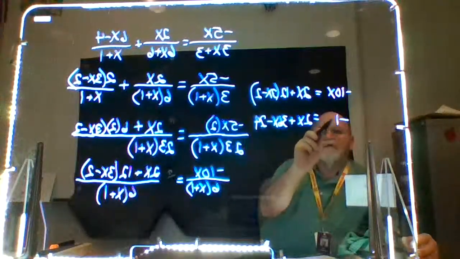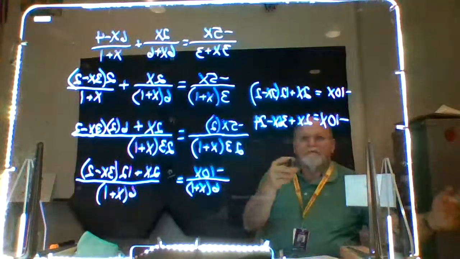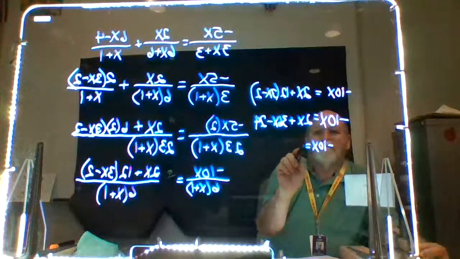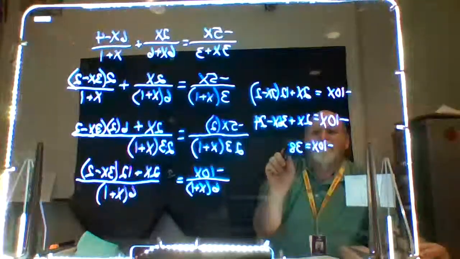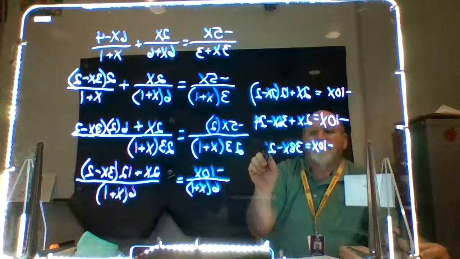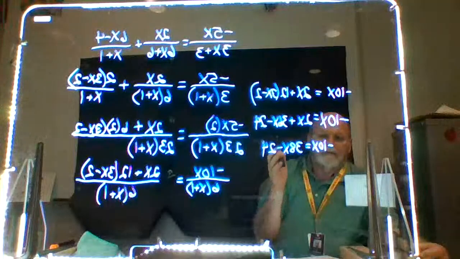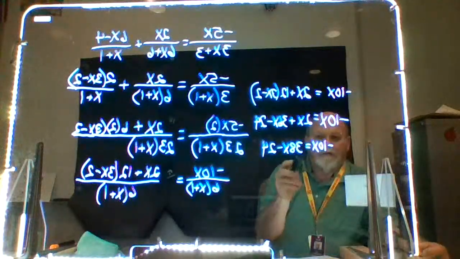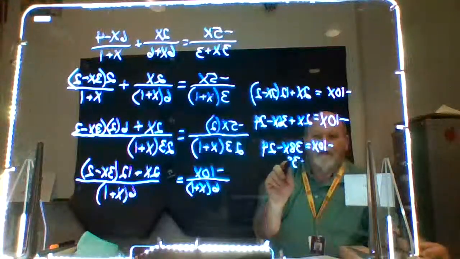That's equal to negative 10x. I want to combine like terms. With all the x's on one side and negative 24 staying over there, we just subtract 38x.